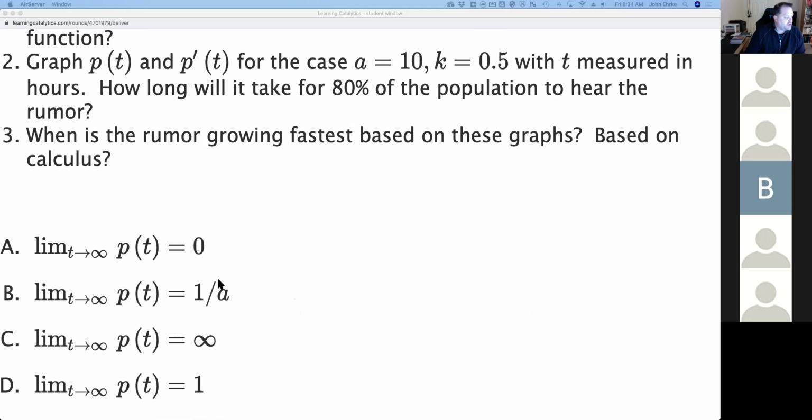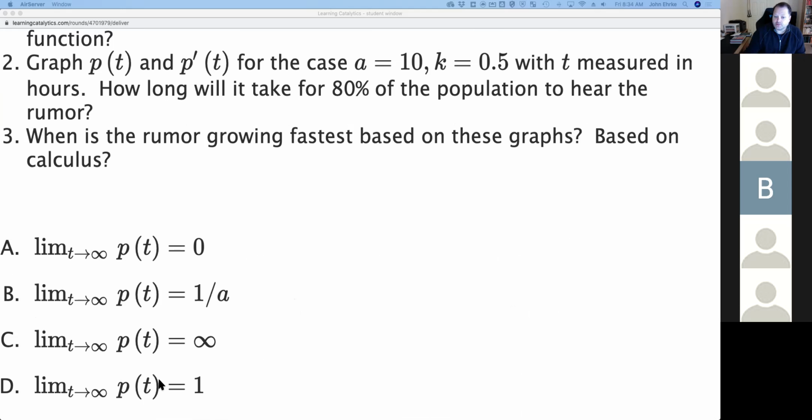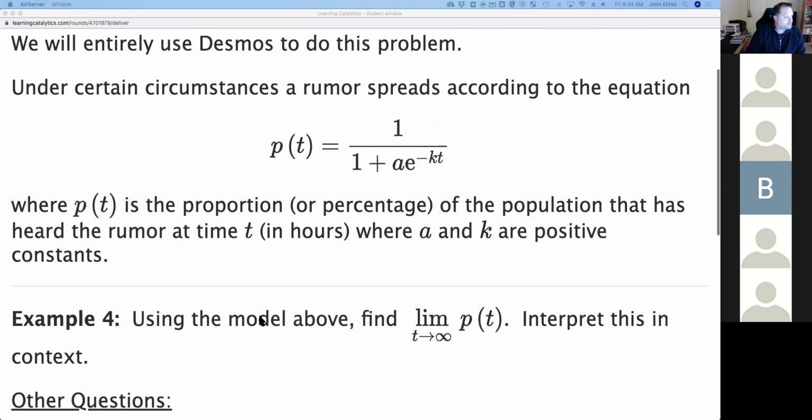So I want you to tell me which of these represents, before you graph it, right? This is all based off of intuition, looking at the function, understanding what's going on here. Which of these is the correct limit at infinity for this model? So thinking of taking the limit at infinity for this function, given the context, which of those is correct?